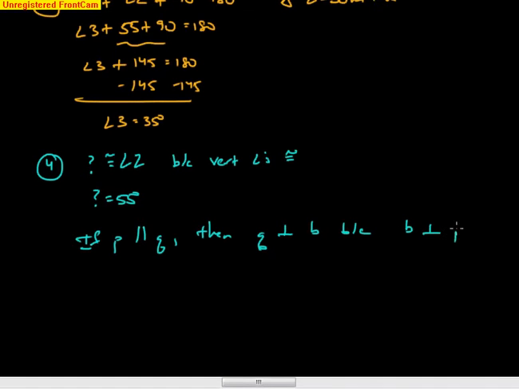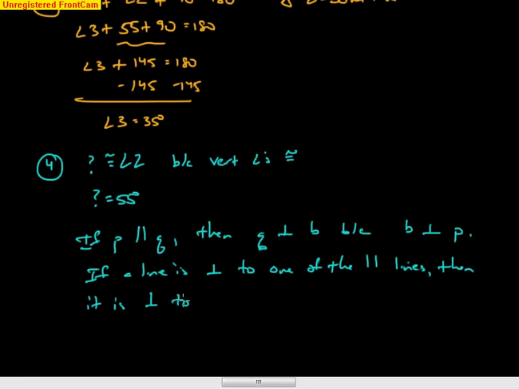This is that theorem that says if a line is perpendicular to one of the parallel lines, then it is perpendicular to the other parallel line.